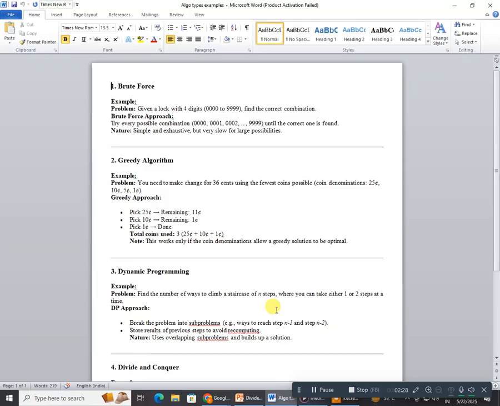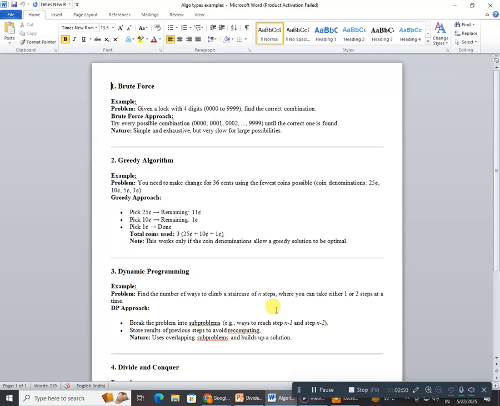Next, we come to the greedy approach. Greedy approach means using whatever lies in front of you without evaluating whether the object that I am taking is the right one or not. Am I selecting the right tool for the job?